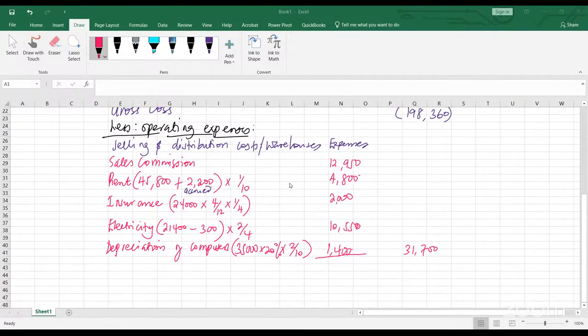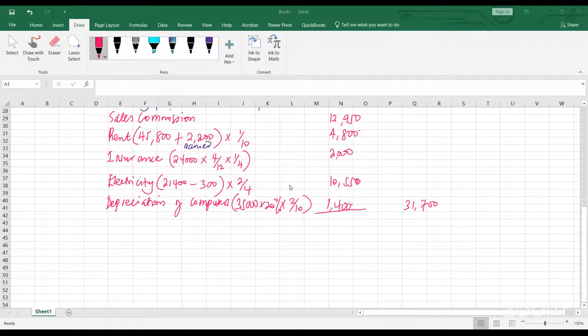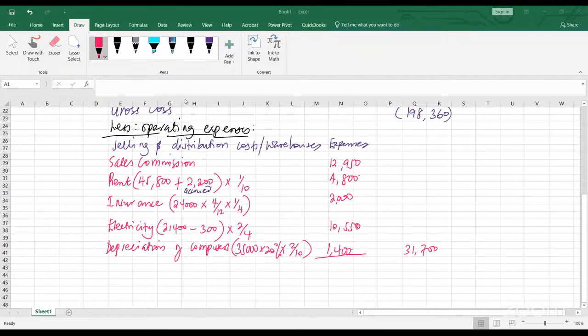Now we have the office and administration costs. Let's also bring in the office and admin.